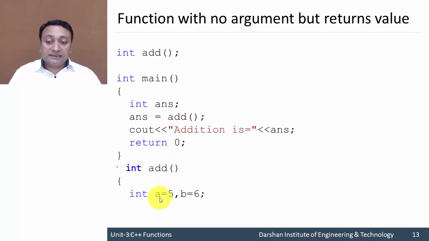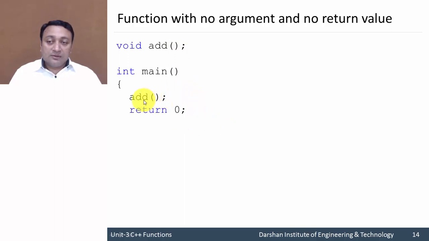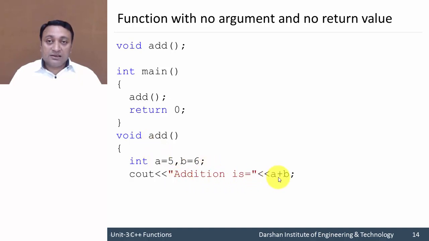So I have initialized variables a and b here, performed addition and returned 11 and it will be stored to answer, then it will be printed and the program will be over. Same add function with fourth category, no argument, no return value. So here it will be void, here it will be void, or you can say empty. I am calling function add. So I am initializing in the definition, performing addition in the definition and printing that answer in the definition itself.